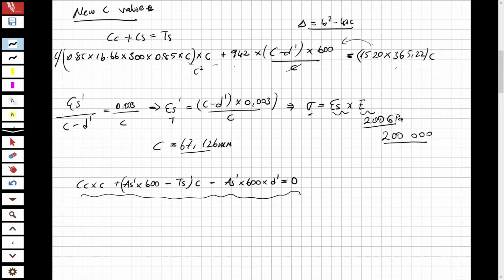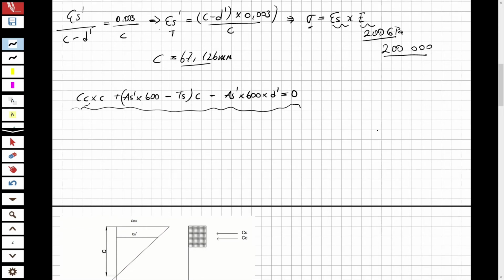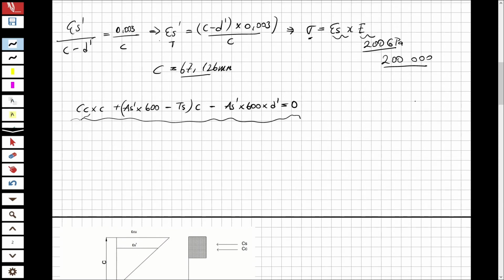So you have to solve this equation. Now you can use it more easily, but I recommend you to learn this one. You have to learn where the formulation comes from. If you don't know how to turn this into the formulation, you cannot understand the main part of the question. So now I obtained the new C value.